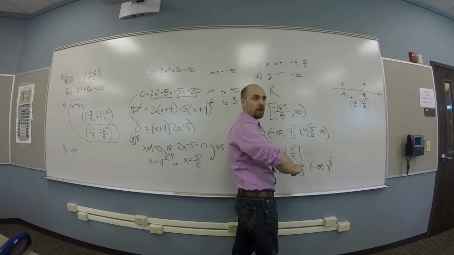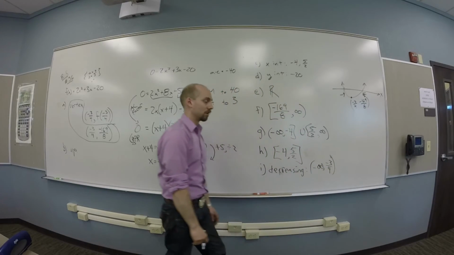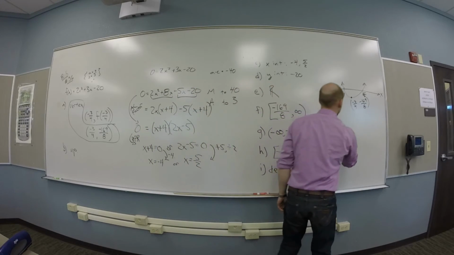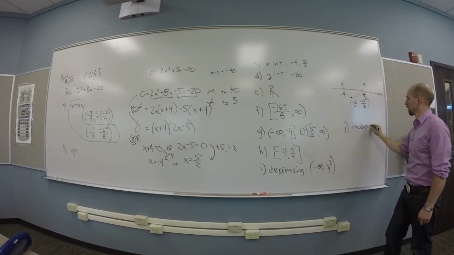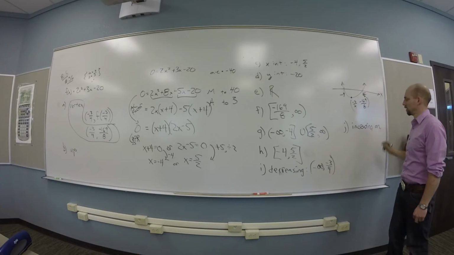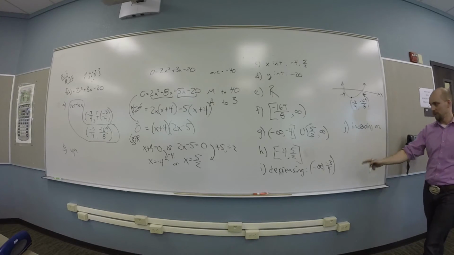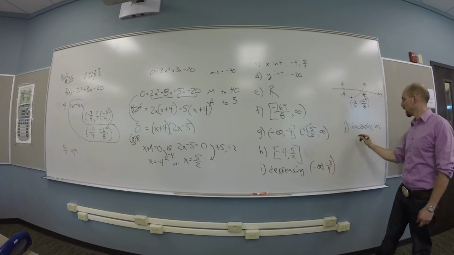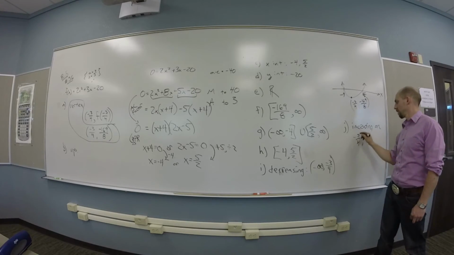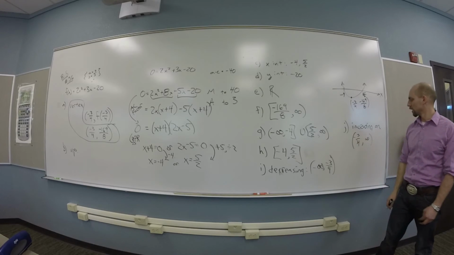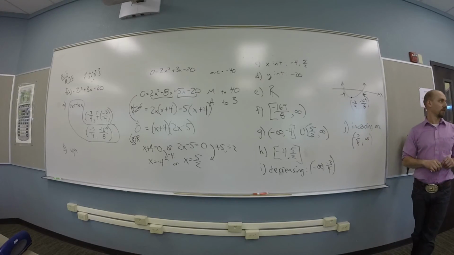Yeah, that's a transitionary point, right? So, open. And J is increasing on the other bit, right? Negative 3/4 to infinity. Open again, because it's a transitioner. Guys cool with that? Yep.